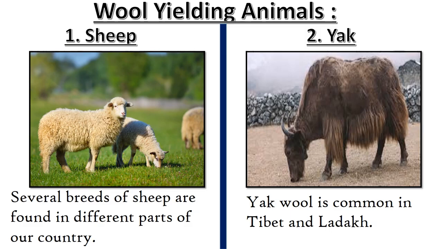However, the fleece of sheep is not the only source of wool, though wool commonly available in the market is sheep wool. The second wool yielding animal is yak. Yak wool is common in the regions of Tibet and Ladakh.